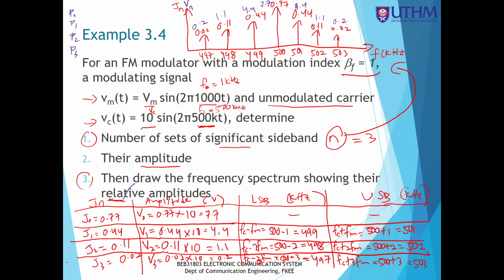That means P0 is V0 squared over 2R, P1 is V1 squared over 2R, P2 is V2 squared over 2R, and P3 is V3 squared over 2R. So we need to know the resistance value, but this is not in the question. Maybe you're going to see it in the next example.